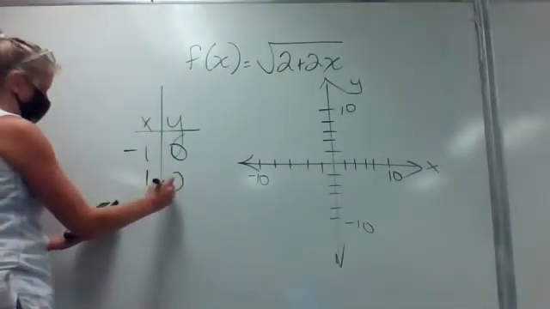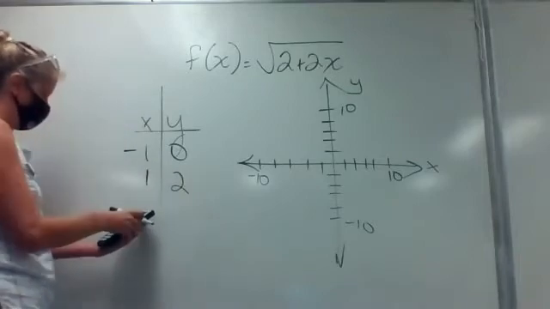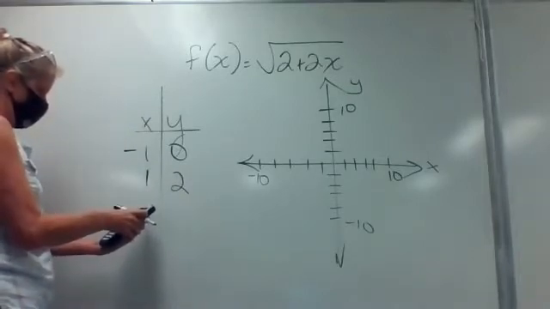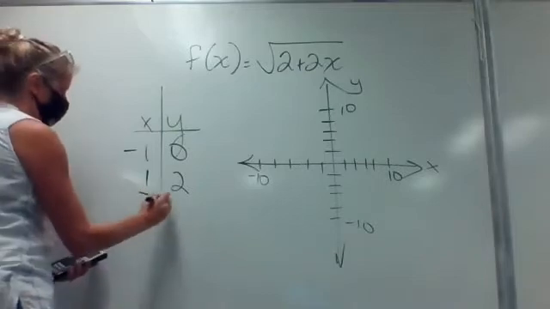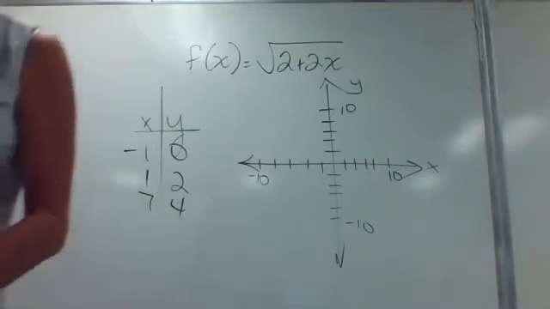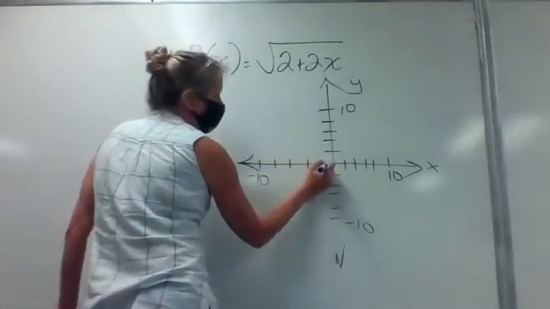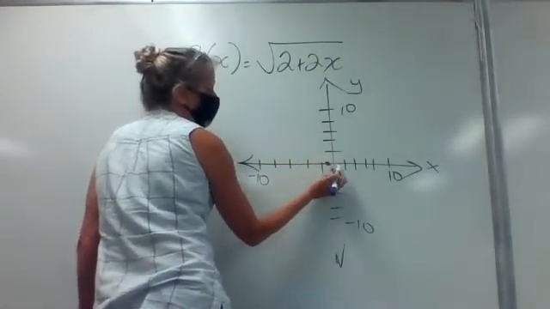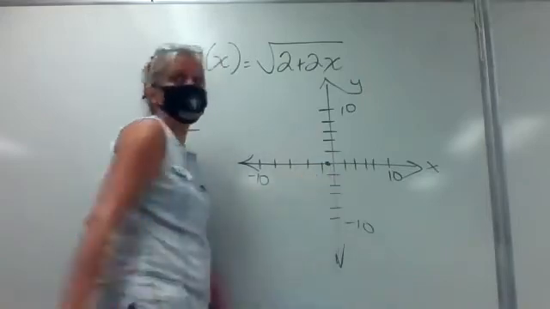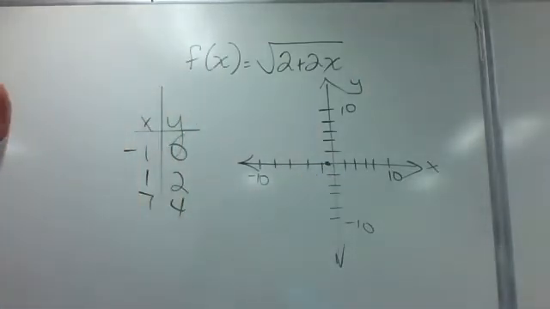And there's another one at 1, 2. And another one at 7, 4. So this one starts at -1. So it's actually starting a little bit to the left of the origin, which is a good distinguishing point when I'm picking out from those multiple choice.